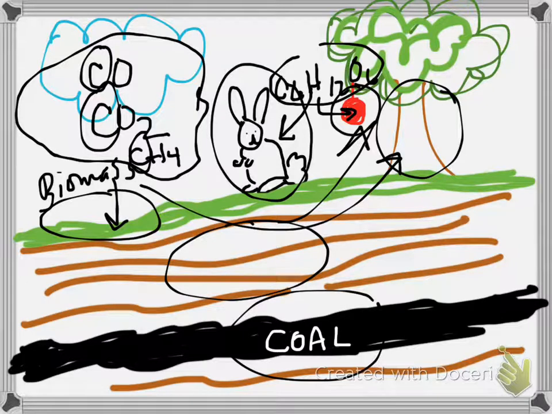Okay, so that rabbit takes those carbons from the apple, from the grass it eats, and those carbons end up in those long carbon chains, those fats, making up its cells. It also takes some of those cells that have carbon, and rabbits do what rabbits do.